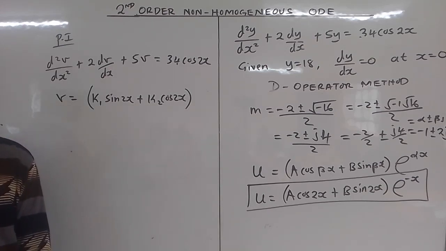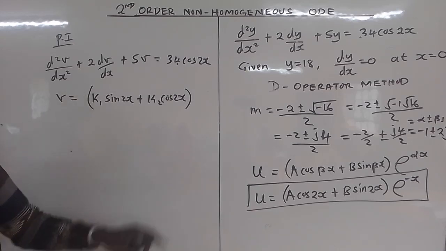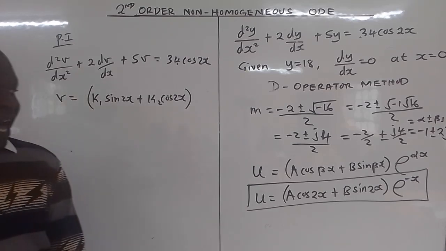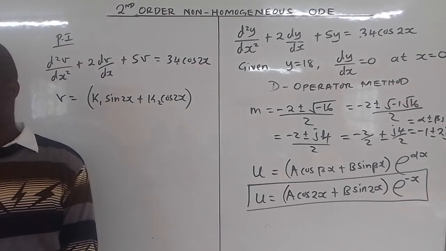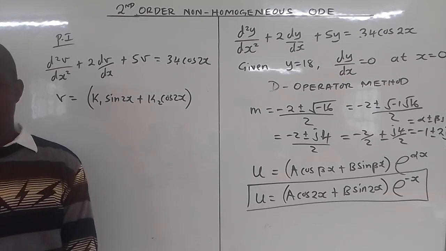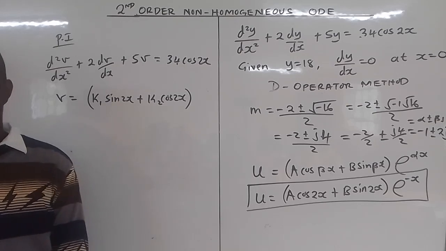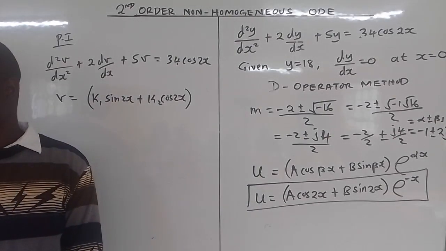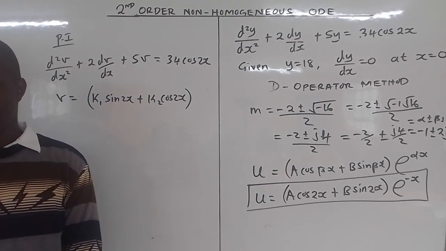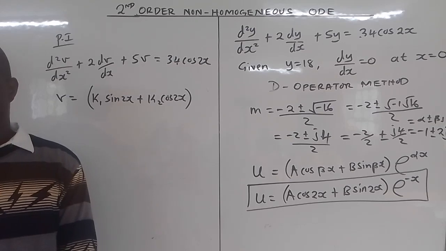Then you check, is cos 2x in the complementary function? Yes, we have cos 2x.